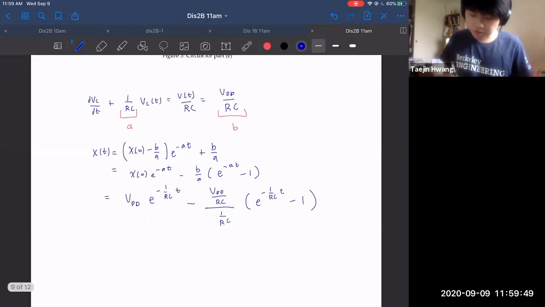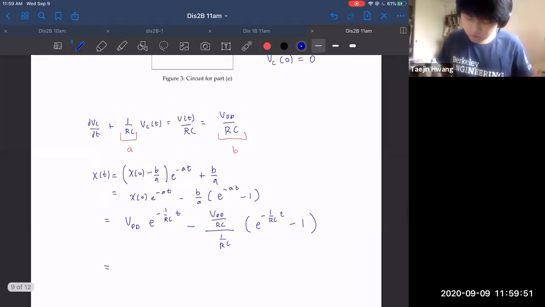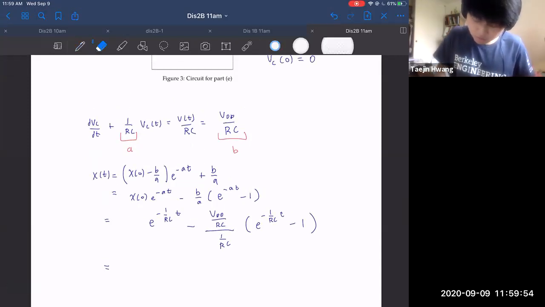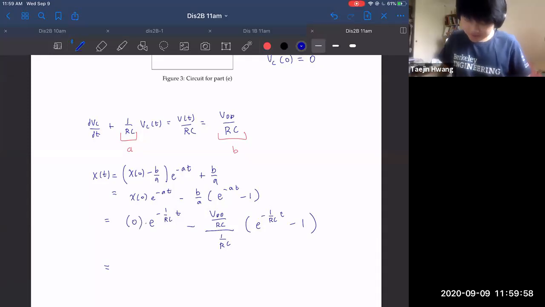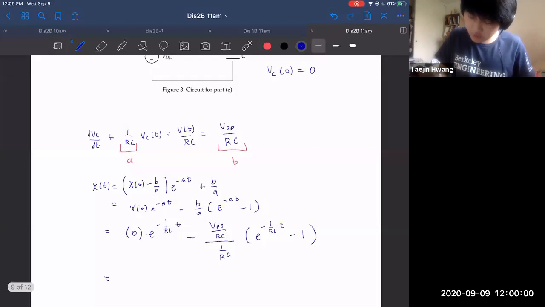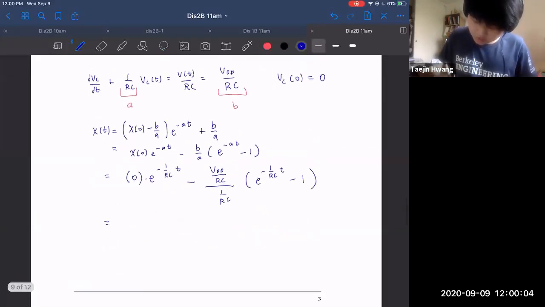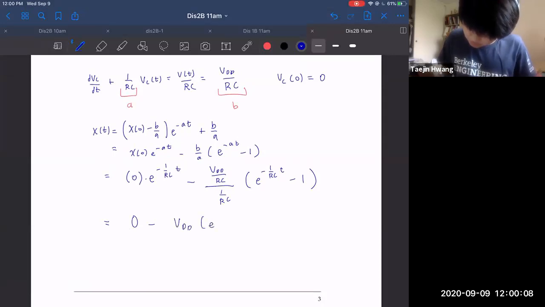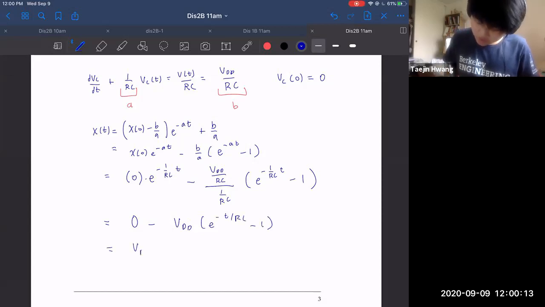And if we were to simplify all of this, I'm sorry, x of 0 is 0, since VC of 0 is 0. This just tells us that we have 0 minus VDD, e to the minus t over RC minus 1. Or we could write this as VDD times 1 minus e to the minus t over RC.